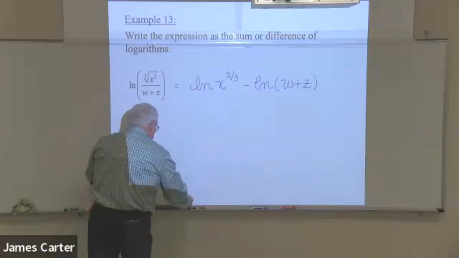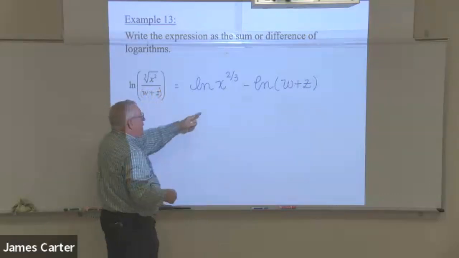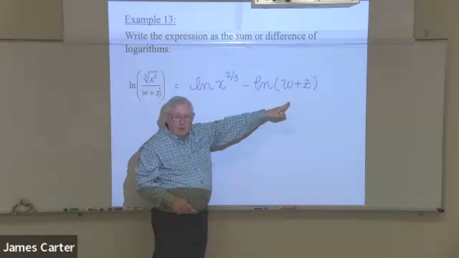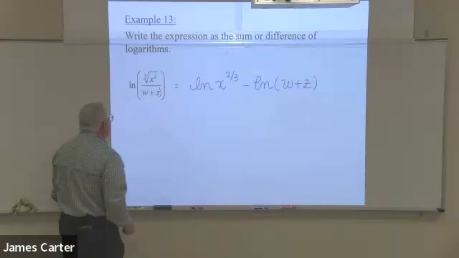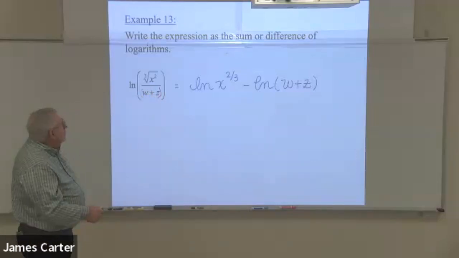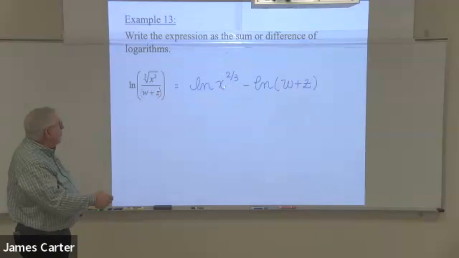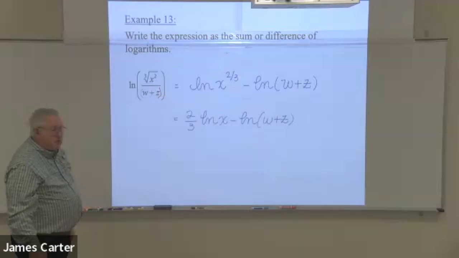This is one term, and it has to stay together in parentheses. Okay? Because those aren't multiplied together. So you get this thing. Now, we're not done yet. We've got to use the power rule and take that out front. And that would be the final answer on this one.